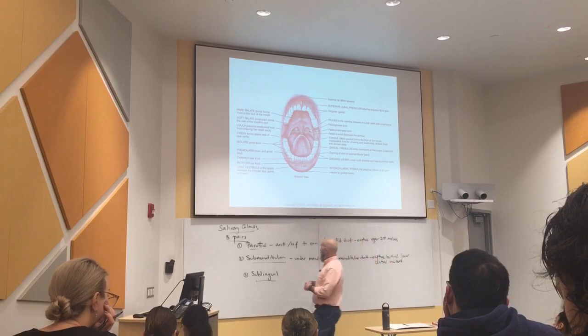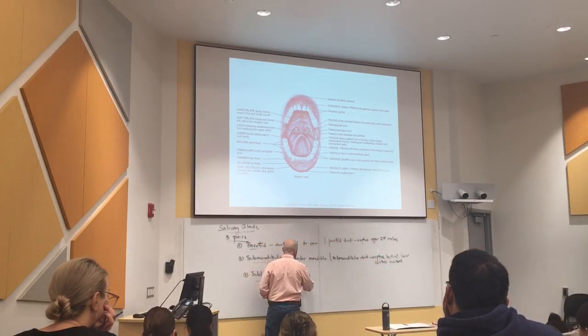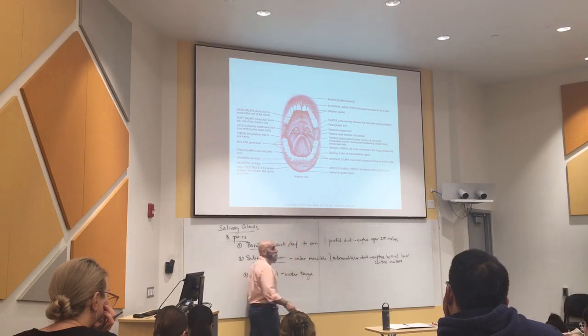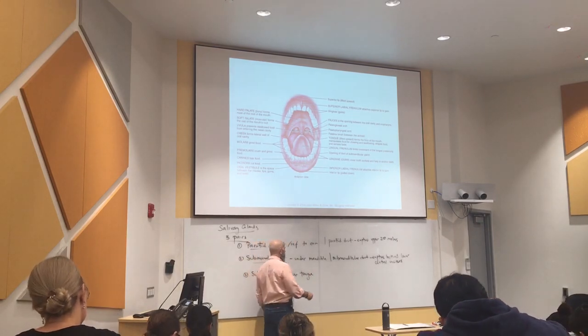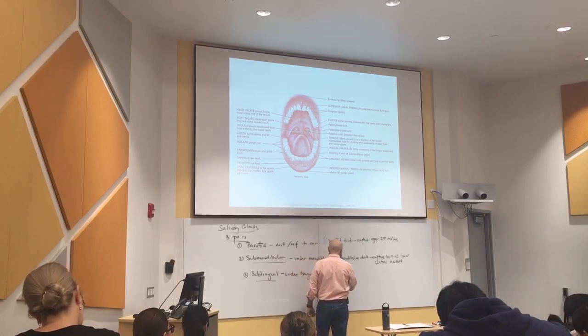Sublingual gland, once again, name tells you exactly. Sub deals with something that's under. Lingual deals with the tongue, so it sits under the tongue. And there's a bunch of small little ducts referred to as lesser sublingual ducts.